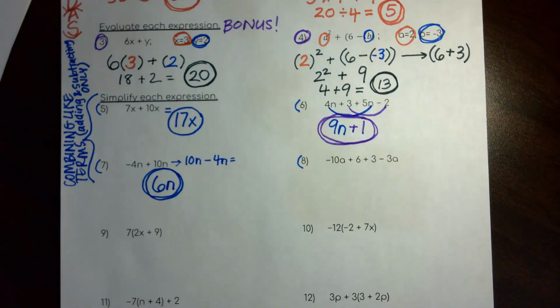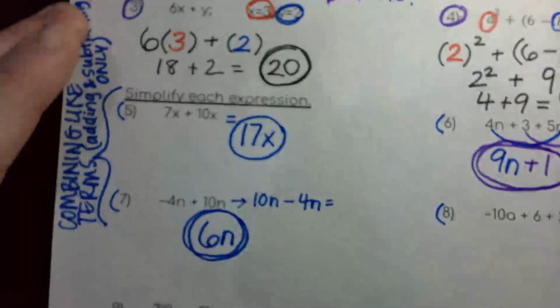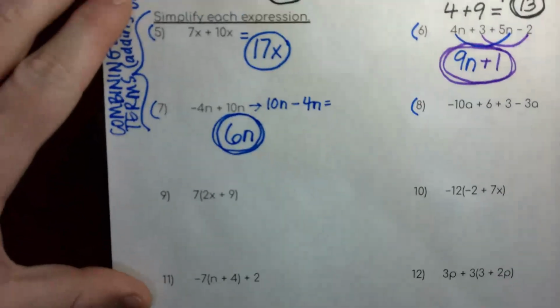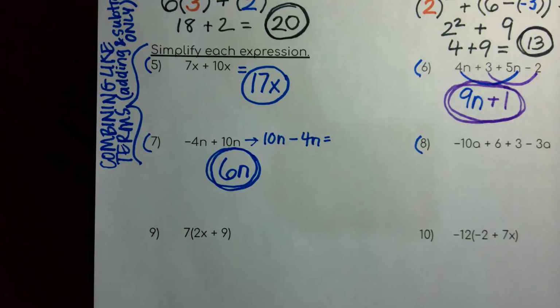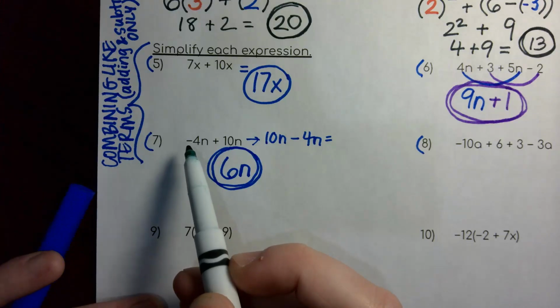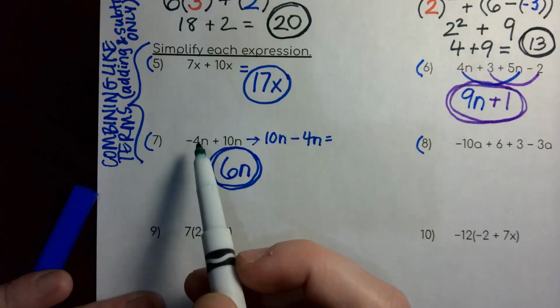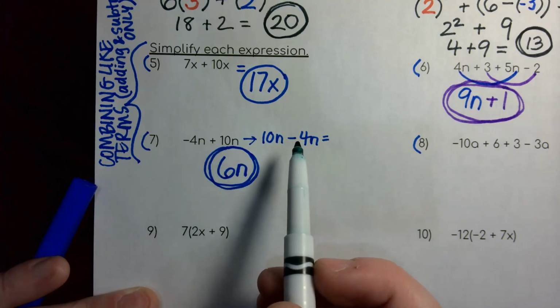Tell that again. Why that? Absolutely. So, let me get bigger on it. Whenever you are adding a negative, so if I add negative 4 to 10, I'm really taking away 4.